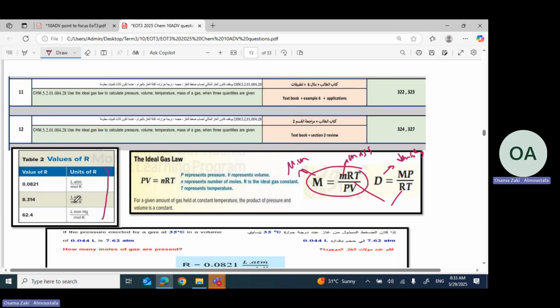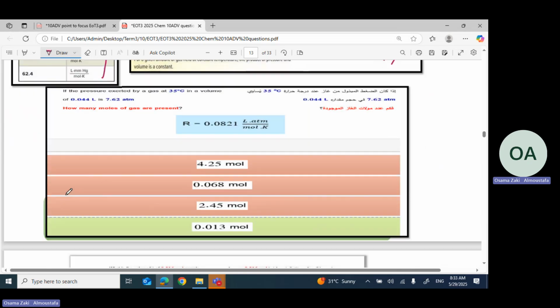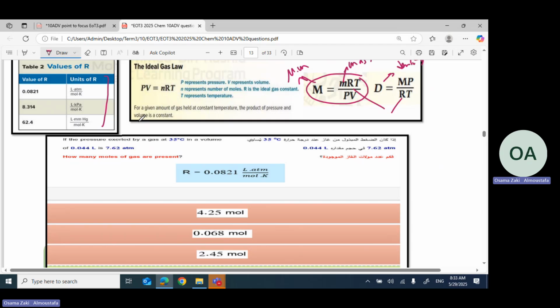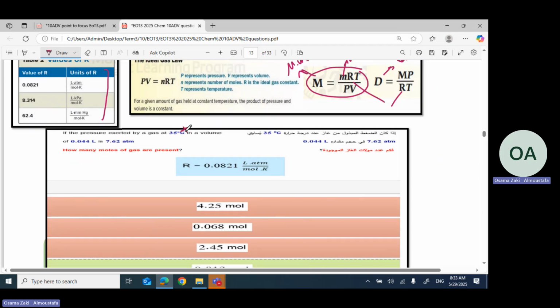Okay, we have here different values. So as you see here, this is the temperature, but plus 273, so 308 Kelvin. This is the pressure, and this is the volume. How many moles? So we use PV equal nRT.